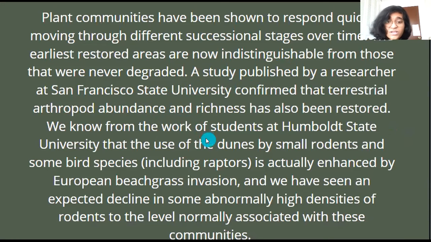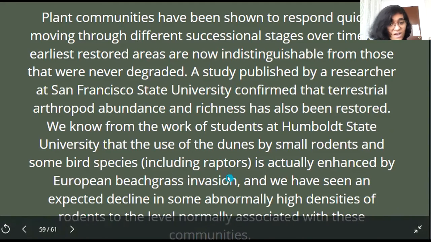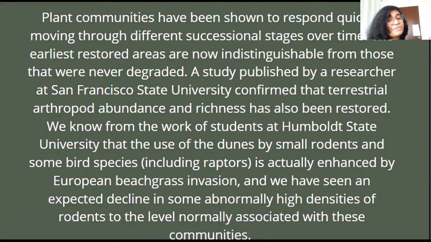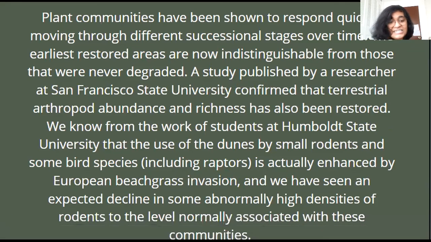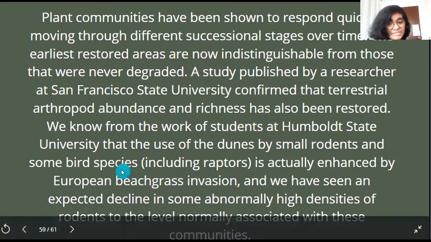We know from work of students at Humboldt State University that the use of these dunes by small rodents and some bird species, including raptors, is actually enhanced by the European beach grass invasion. And we have seen the expected decline in some abnormally high densities of rodents to the levels normally associated with these communities.